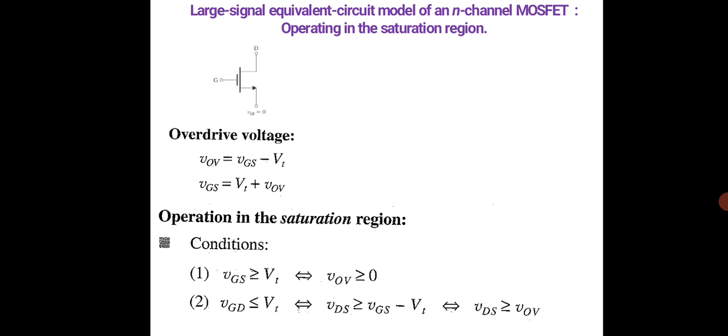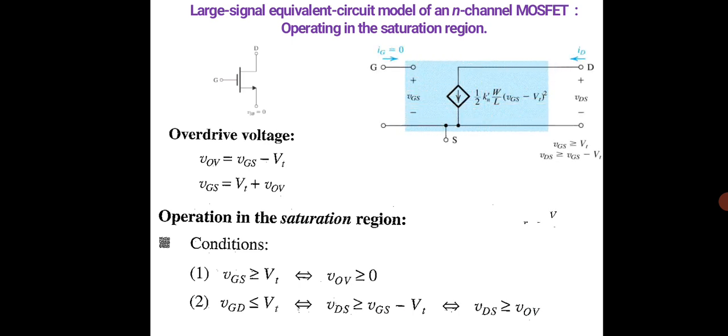The second condition is gate drain voltage should be less than or equal to VT, and VDS should be greater than or equal to VGS minus VT. So I can say that VDS should be greater than or equal to VOV. So these are the two conditions. In either case, VOV should mostly be greater than 0.